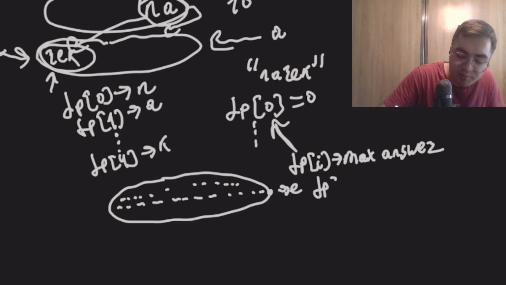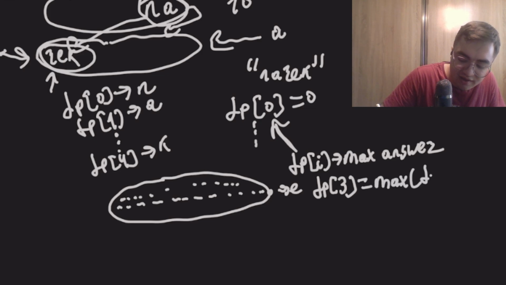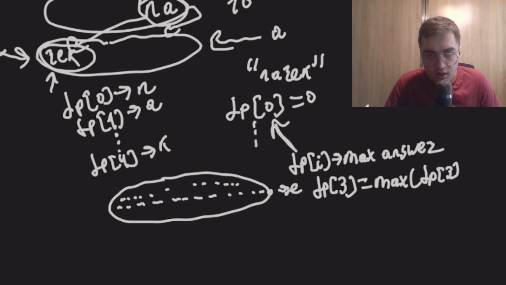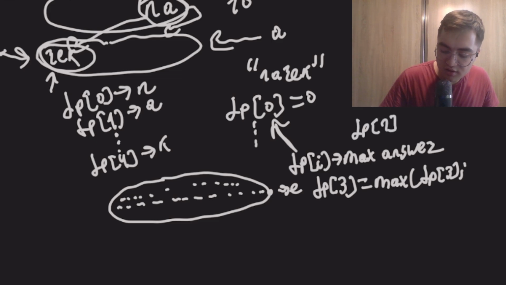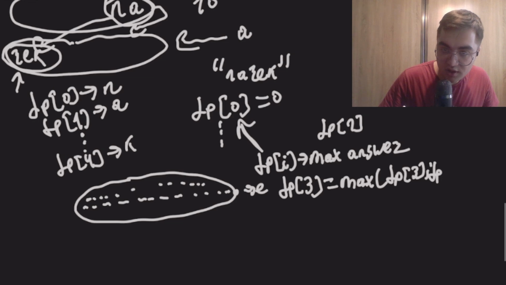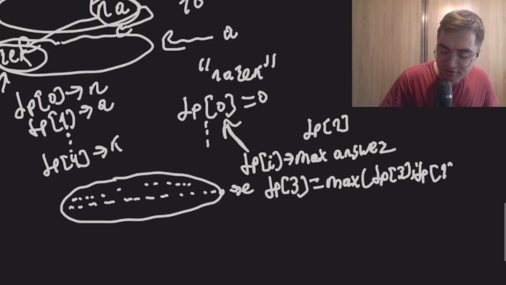So you can update DP3 by the max of DP3, in case we had a better answer when we are looking for E, or initially, let's say you were at DP1 before the string. So by DP1 plus new.